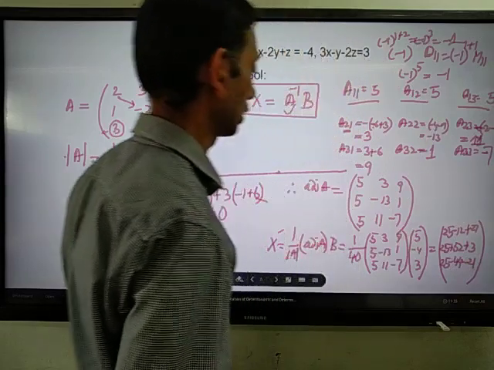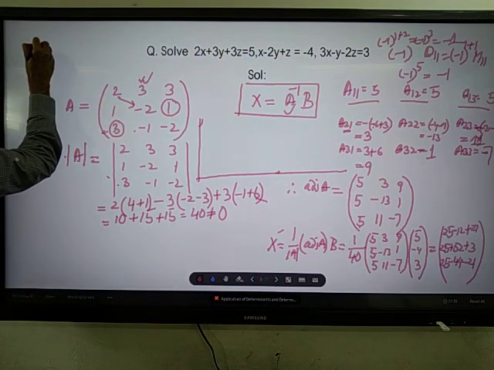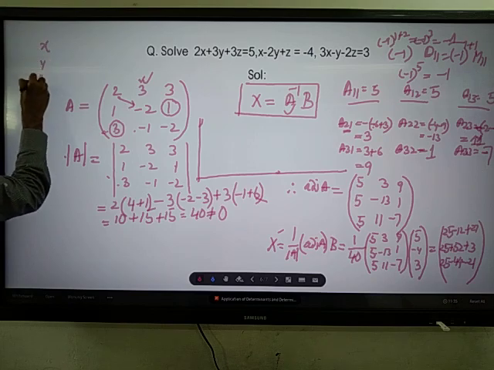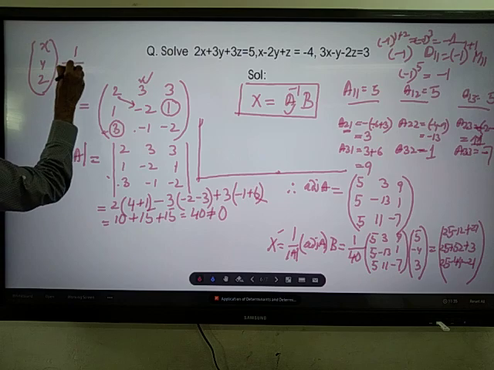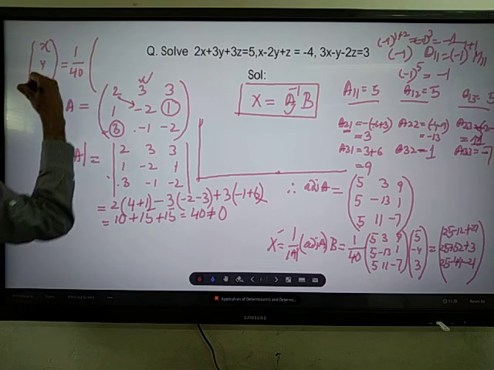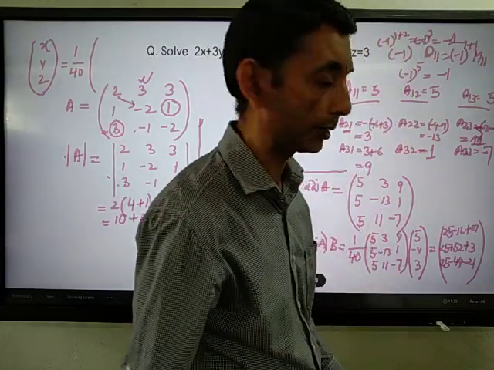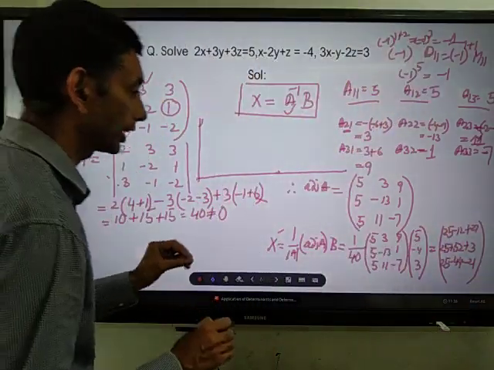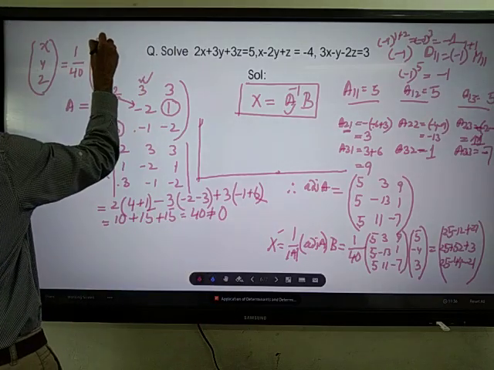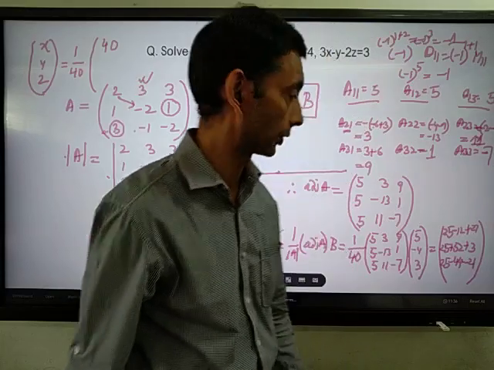Let us calculate the last column. The left hand side is x, y, z, and right hand side is 1 by 40. Let us see the calculations. 25 minus 12 is 13. 13 plus 27 is 40.